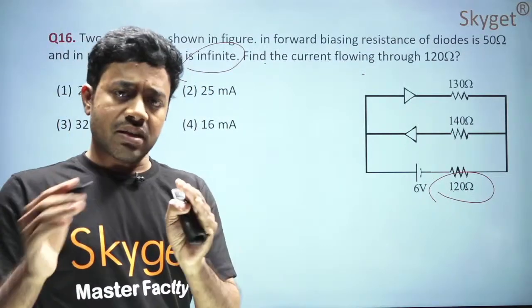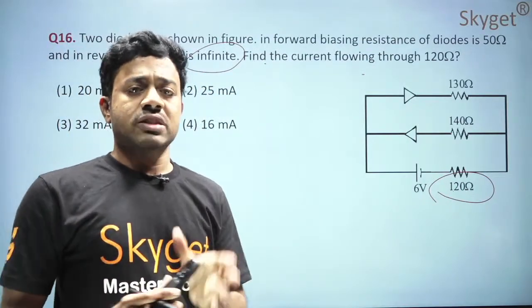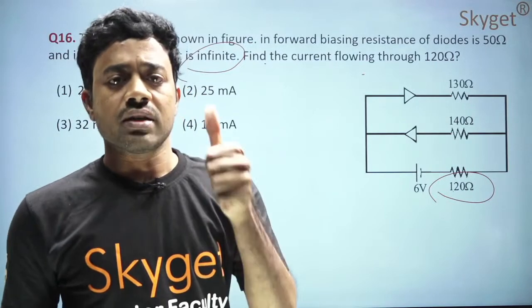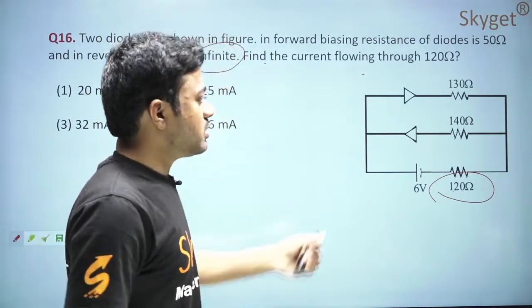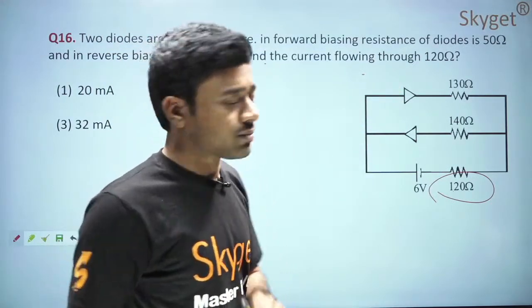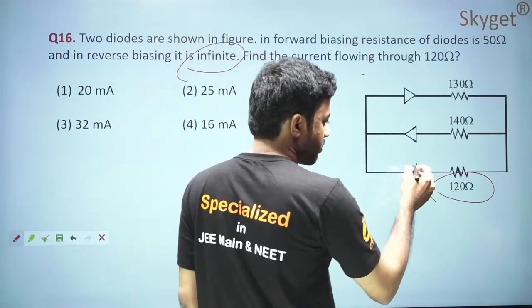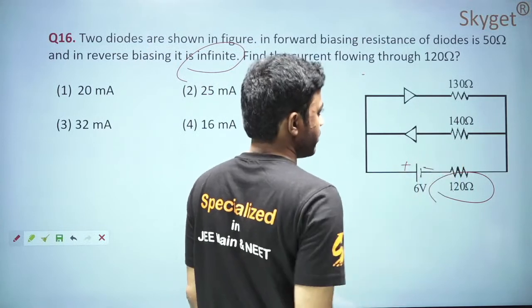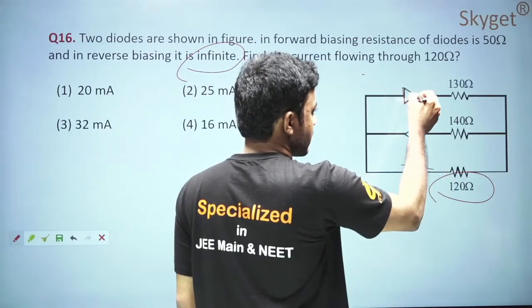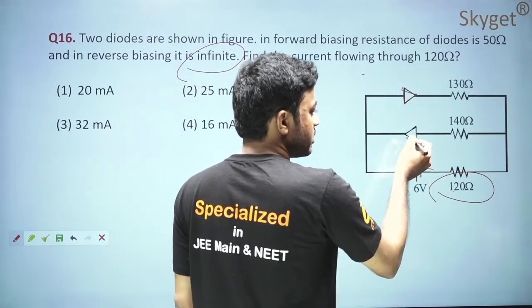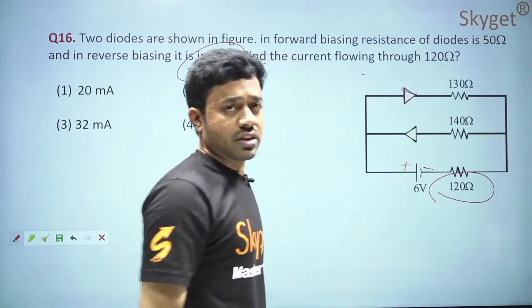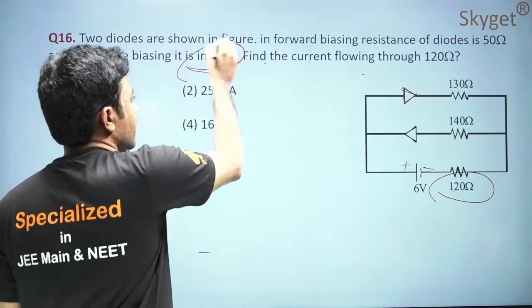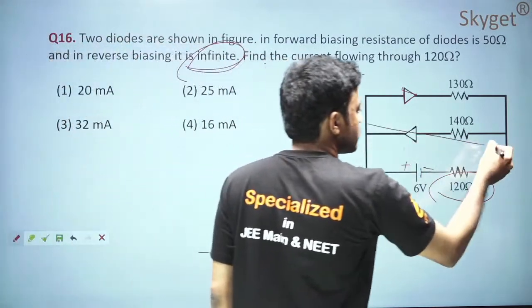When he has given diodes in the circuit, first you have to check whether the diodes are connected in forward bias or reverse bias. These are normal PN junction diodes. Here this is the supply, with the positive terminal and negative terminal. This diode is connected in forward bias and this diode is connected in reverse bias. In the reverse bias condition, the resistance is infinite, that is, no current passes through this branch.